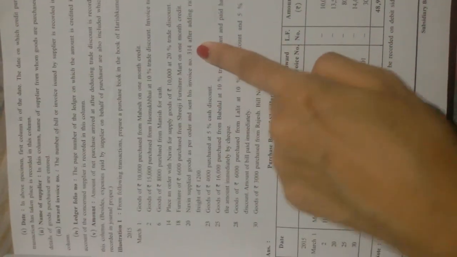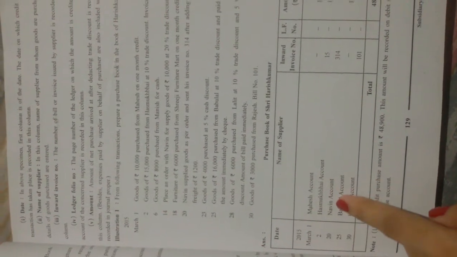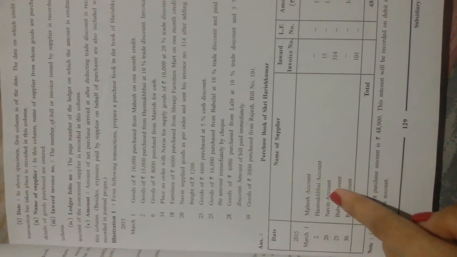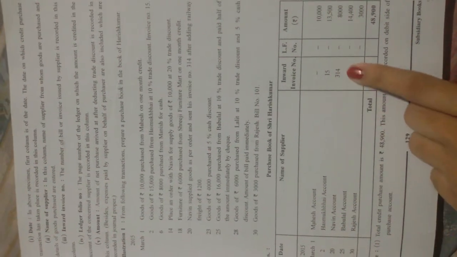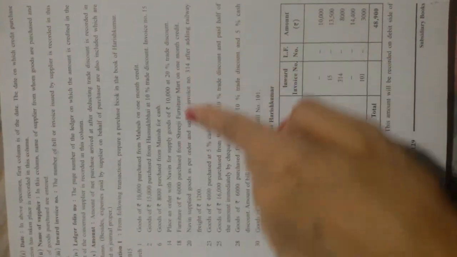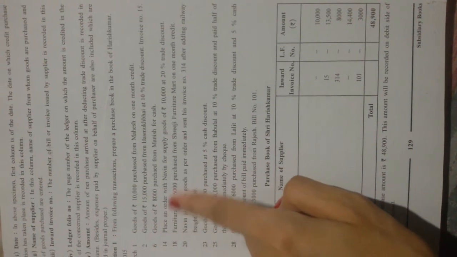And the invoice number is also given. So again you have to write the date, then Naveen's account, because Naveen is the supplier, so you write Naveen's account in the name of the supplier. Then the invoice number is also given, that is 314, and the amount is given in the 14th transaction.